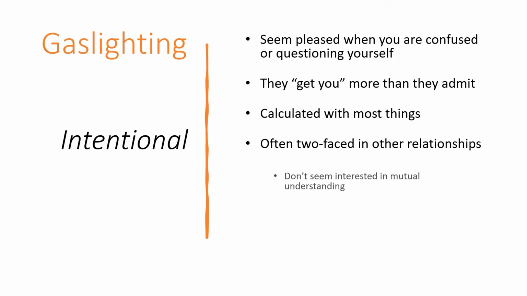Another one: doesn't seem interested in mutual understanding. Mutual understanding in a relationship just means that two people are honoring this idea that I want to get you and I hope you want to get me, right? And that as we get one another, we get closer together. But individuals that gaslight in relationships are not so interested in mutual understanding.